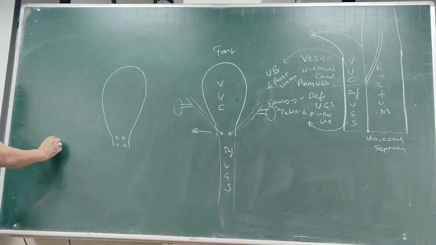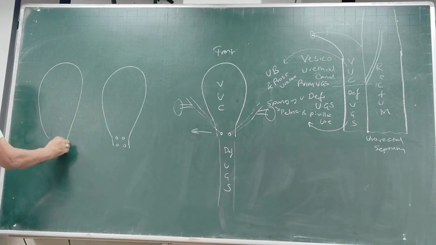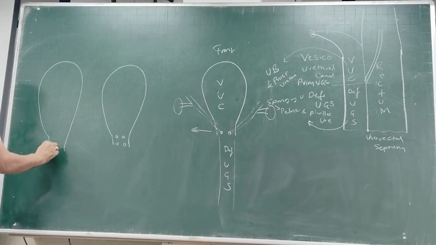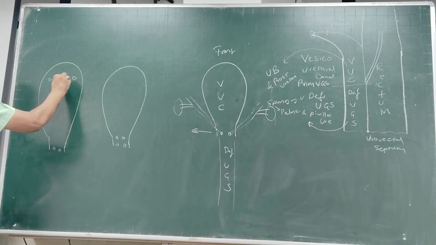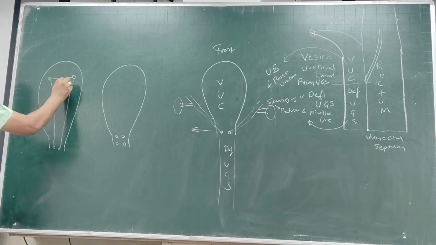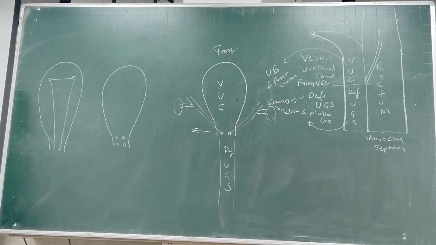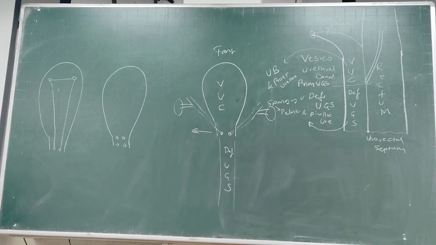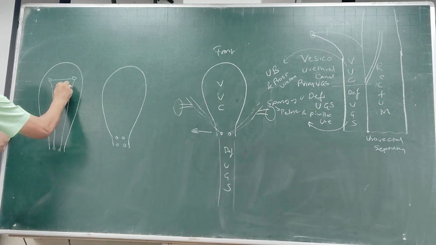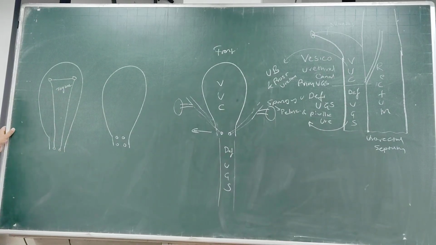Now as the kidneys ascend, these openings of the ejaculatory duct remain here only, ureteric openings go here, and this part, posterior portion, is called as trigone. Trigone of the bladder.